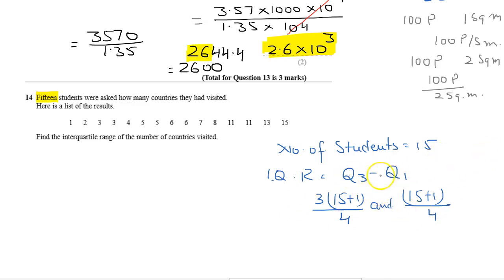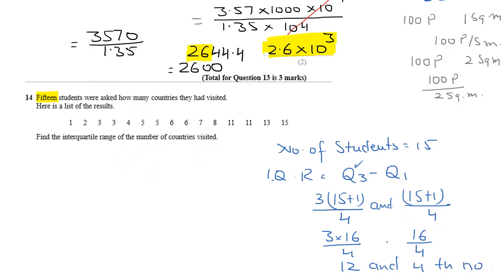This is where we are going to find the interquartile range. This is not exactly the Q1 and Q3 position. So this one is 3 multiplied by 16 over 4, and this is 16 over 4. So that is 12. So the 12th and 4th numbers give the interquartile range.